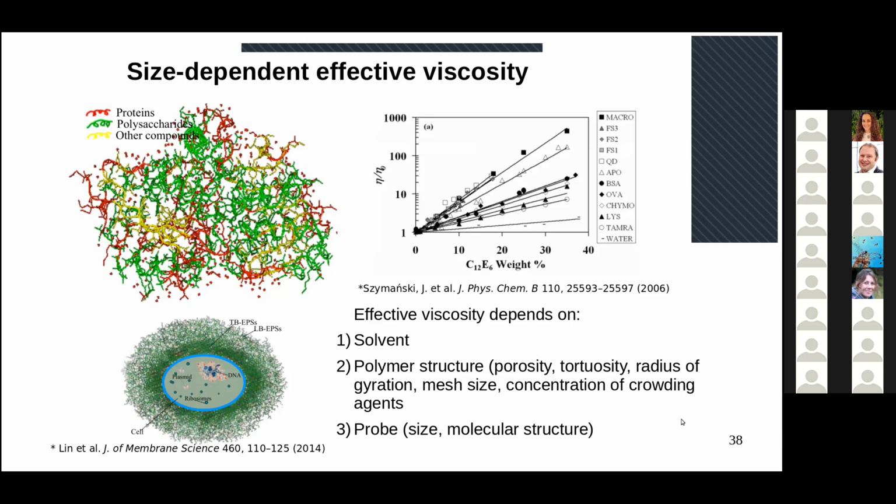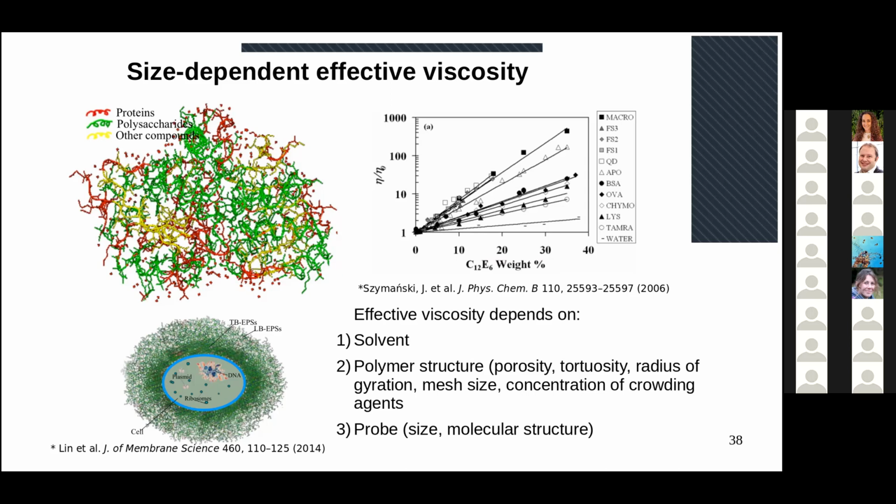And when you look at the viscosity measured with different probes of different sizes, in this case of a polysaccharide at different concentrations, you measure different viscosities. So what you are measuring with our beads is not the viscosity per se of the fluid, but the viscosity that the probe is kind of experiencing, no?